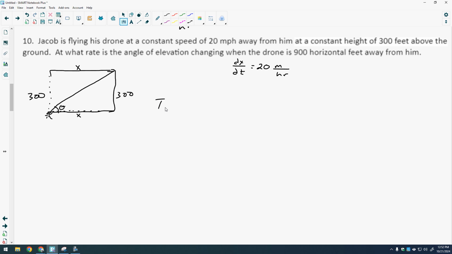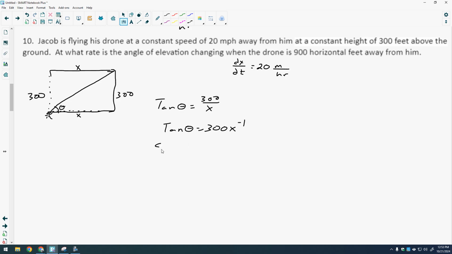Relationship, tangent is equal to opposite over adjacent. So there's my relationship. You can leave it like this. You can multiply it and do a product rule, but I'm going to think of it as a power rule, just because it seems to make it nice and neat.